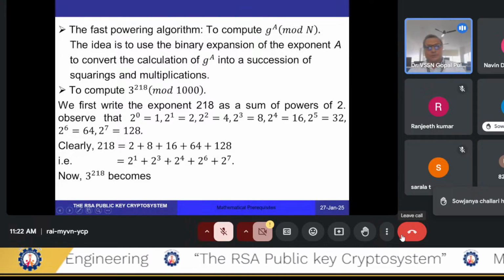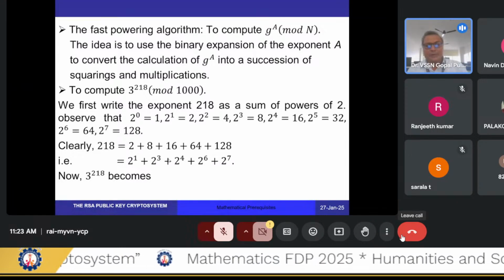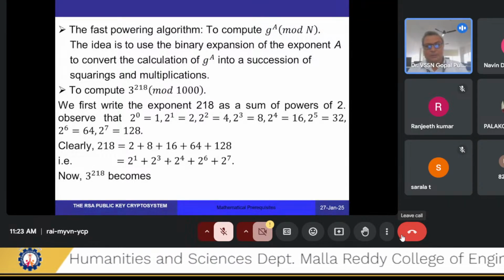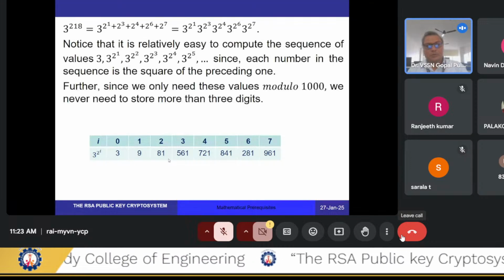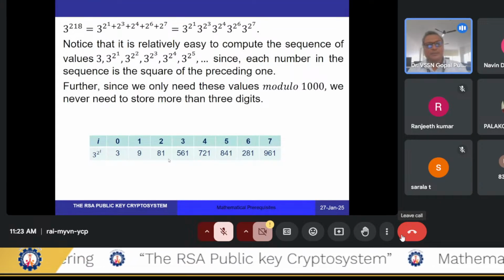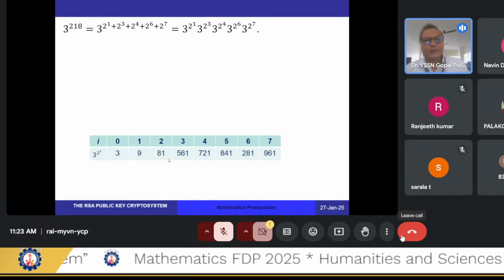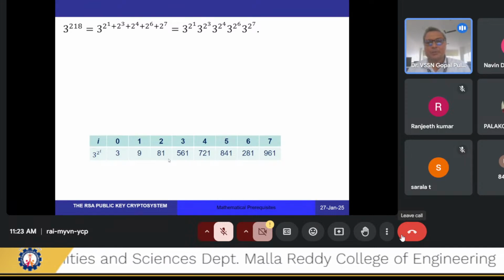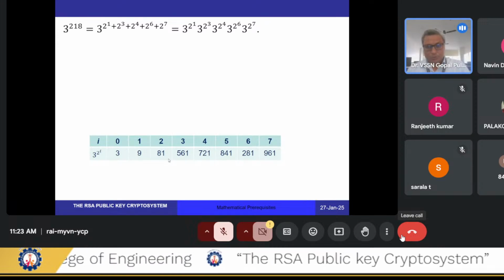So what will 3 power 218 become now? Let us observe. It can be written as 3 power 2 power 1, 3 power 2 cube, and so on up to 3 power 2 power 7.